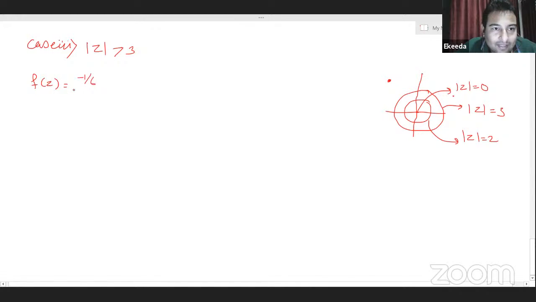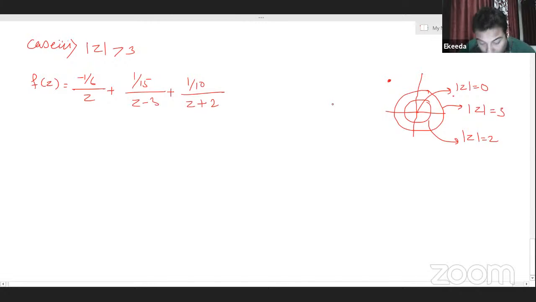Minus 1 by 6 upon z plus 1 upon 15 times 1 upon z minus 3 plus 1 upon 10 times 1 upon z plus 2. So let's talk about the last case. In the last case, what is the question?